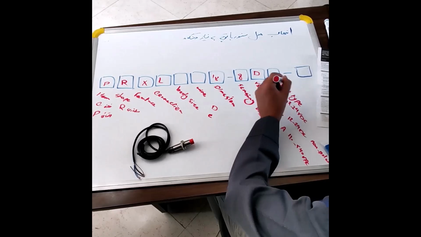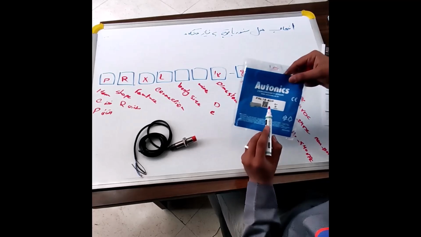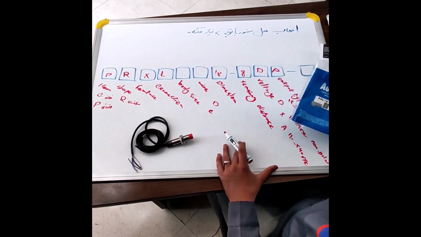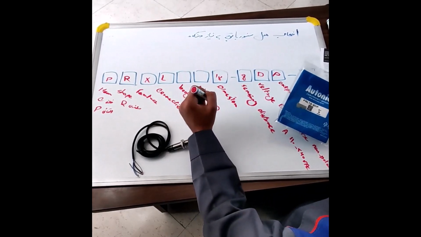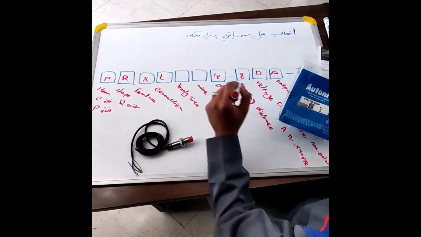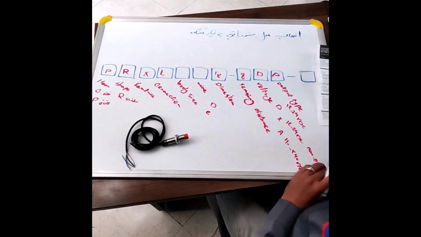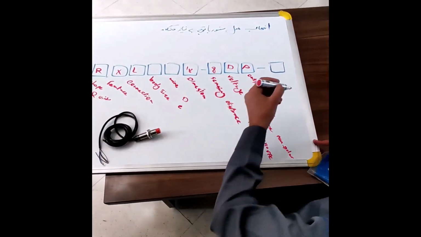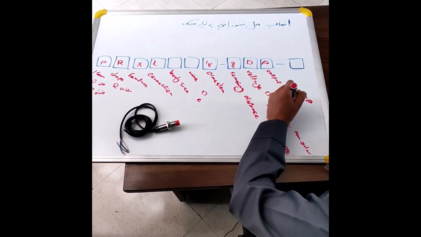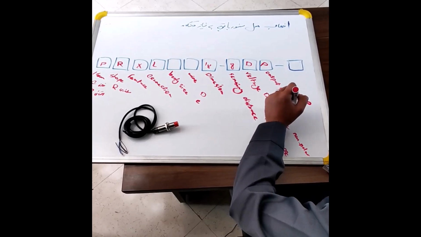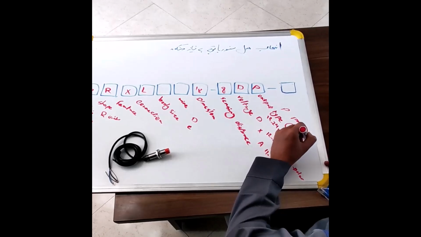The tenth square corresponds to the output type, which is related to the type of output, and the sensor model is displayed with the letter P. You have to measure and order the model you want. If it is displayed with the letter P, it is a PNP model. If it is displayed with the letter N, it is an NPN model. N shows only normally open of NPN model.